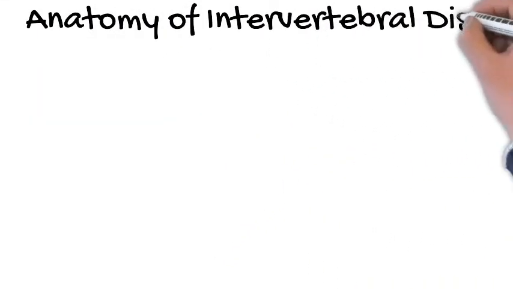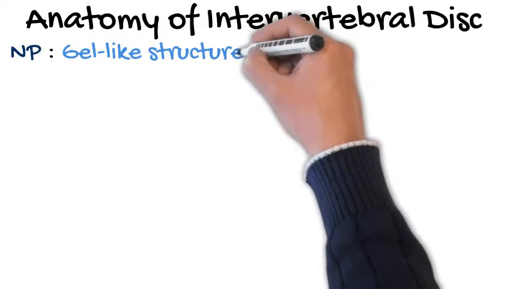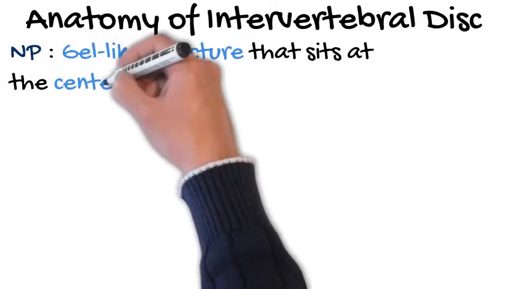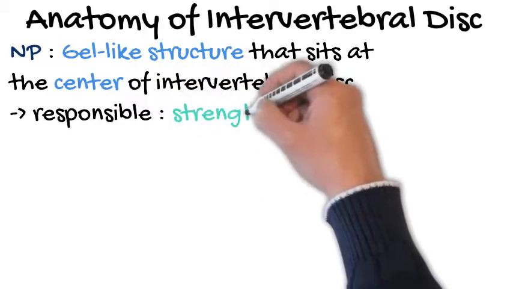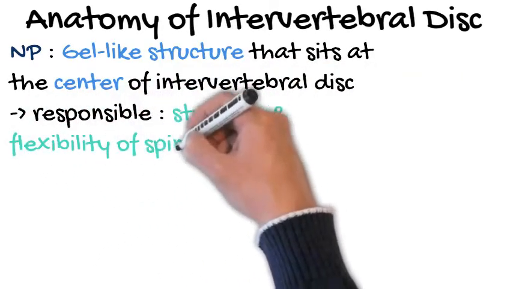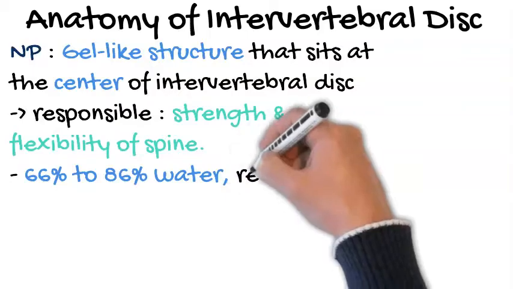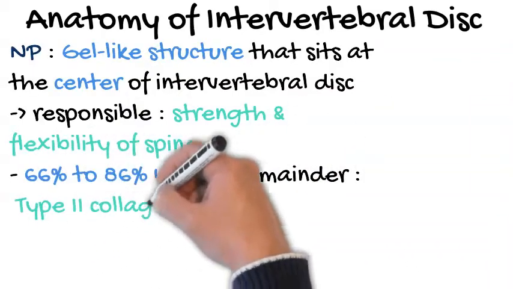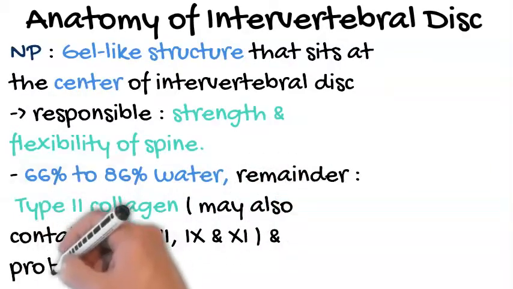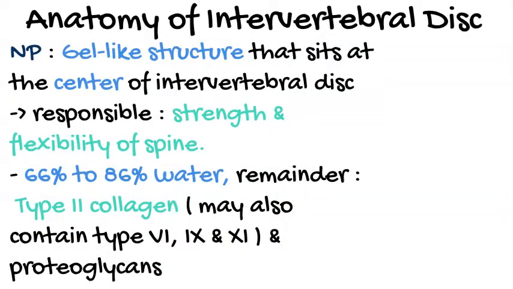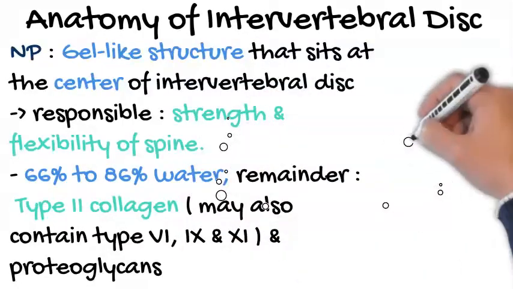Regarding the anatomy of the intervertebral disc, I am starting with the inner component, the nucleus pulposus. The nucleus pulposus is a gel-like structure that sits at the center of the intervertebral disc and is responsible for the strength and flexibility of the spine. It is made of 66% to 86% water, with the remainder consisting primarily of type 2 collagen.